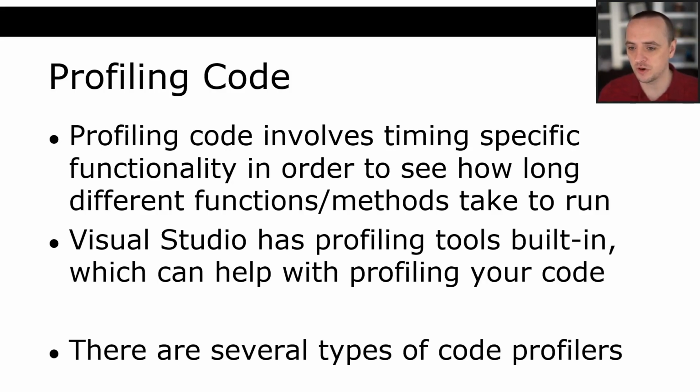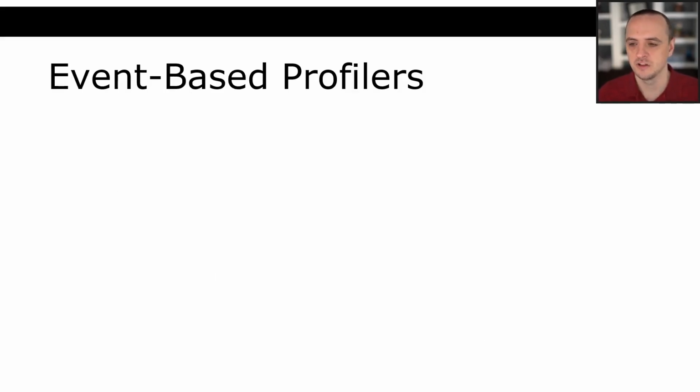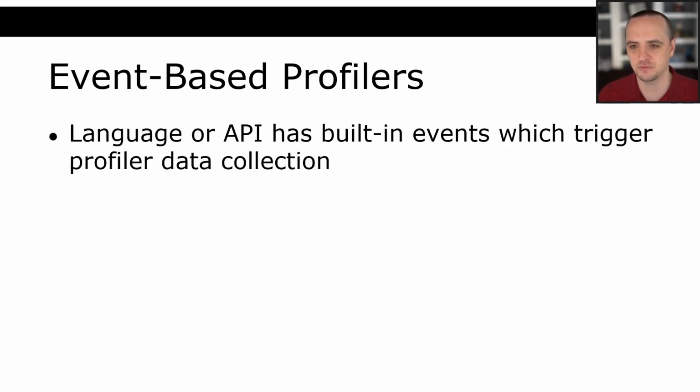However, before we actually give a demo of that, there are several types of code profilers, and let's explain those before we get into them. So first are event-based profilers. Event-based profilers typically are used when a language or API has built-in support for them.